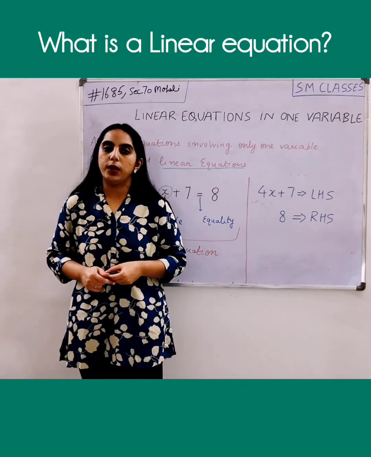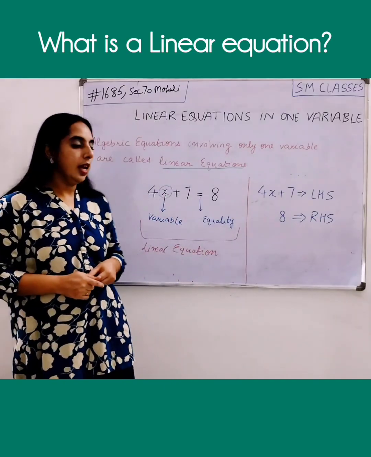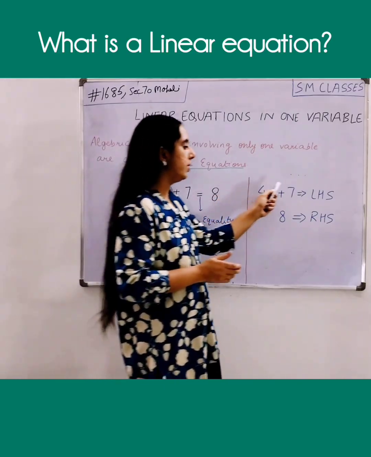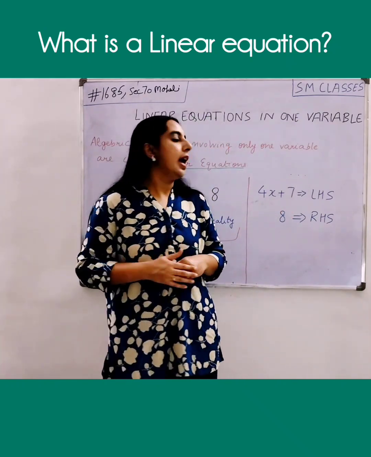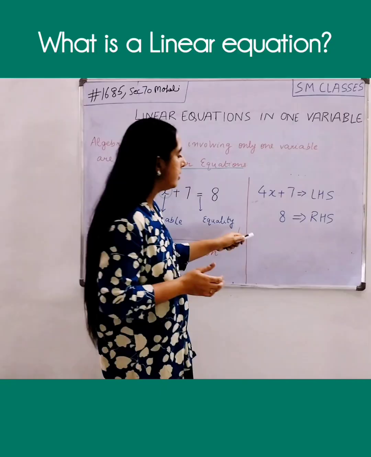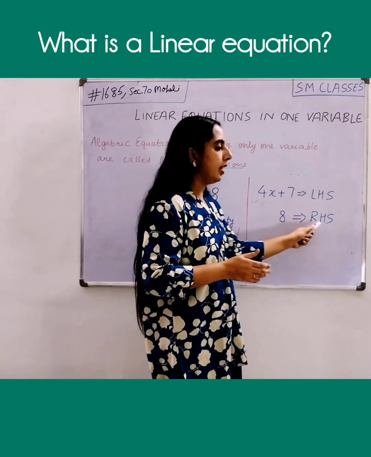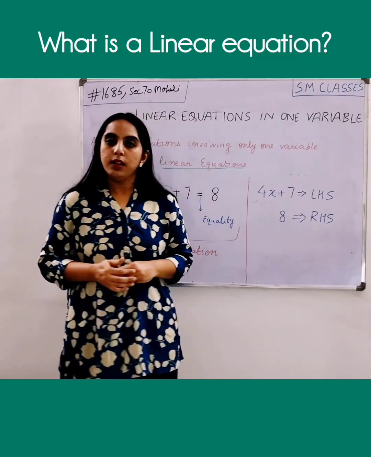So we term 4x plus 7 is equal to 8 as a linear equation. The expression on the left hand side, that is 4x plus 7, is known as LHS, that is left hand side, and the expression on the right hand side, or after the equality sign, is known as the RHS, that is right hand side, which is 8 in this case.